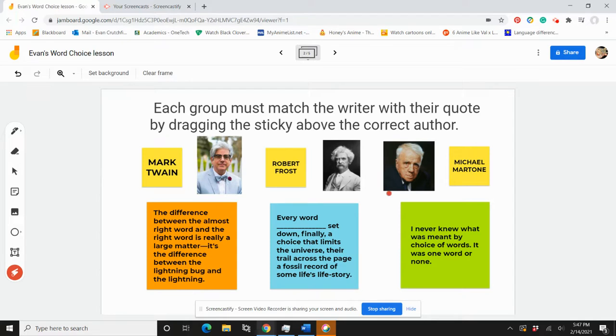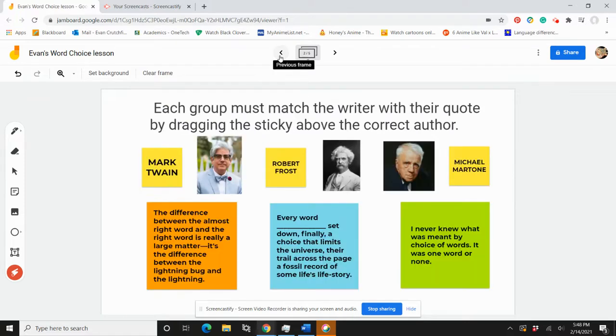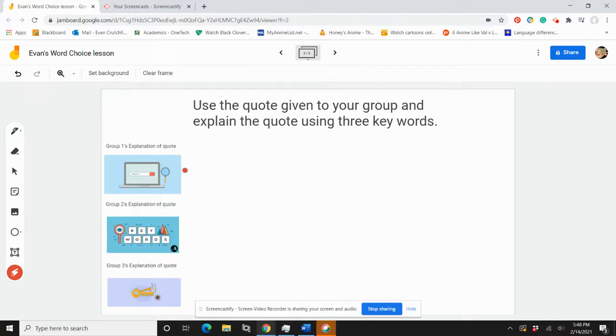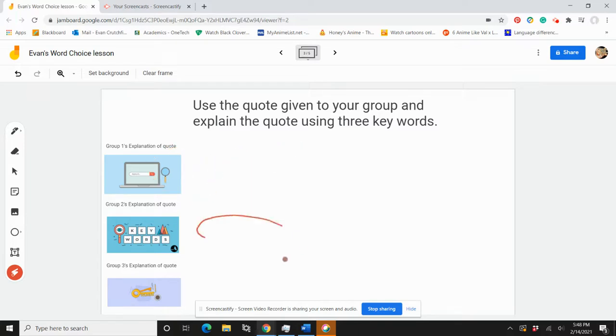Great quotes, and so that's why I was inspired to do slide three. So slide three is: use the quote given to your group and explain the quote using three key words. So pretty much from the slides before, they will find three words or jot down three words after I go back to the previous slide. They'll jot down three words and write them beside the keyword section.